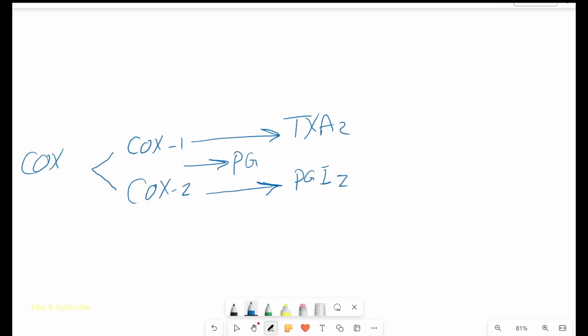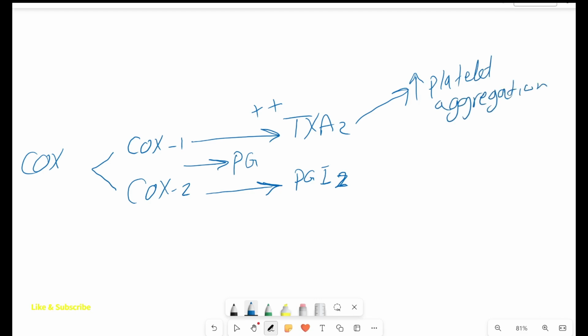And we know that thromboxane A2, when you activate it, will lead to increased platelet aggregation. Another effect is also vasoconstriction.